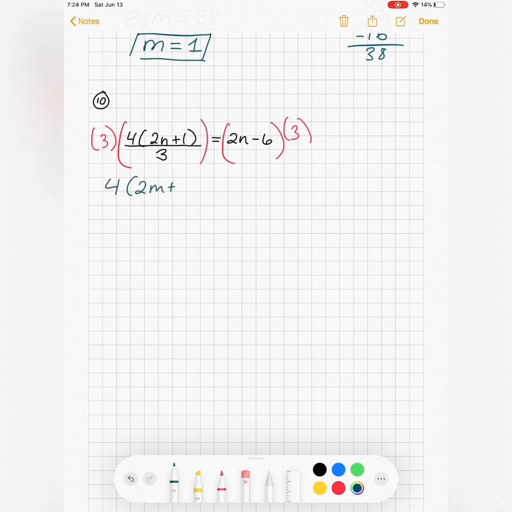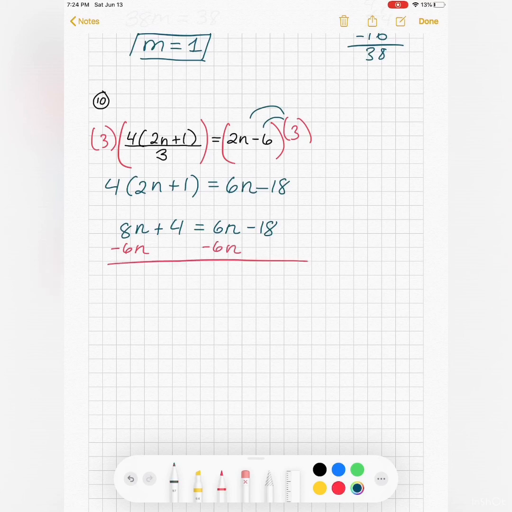Leaves me 4. 2n plus 1. 6n minus 18. Distribute. Subtract 4.